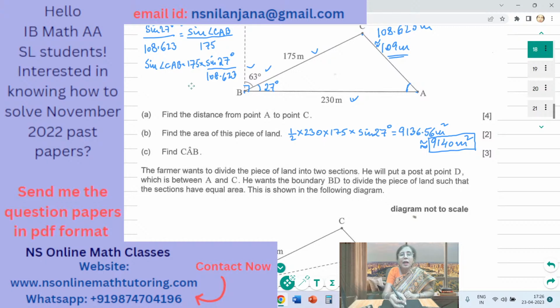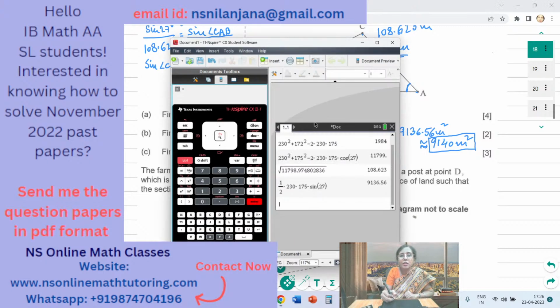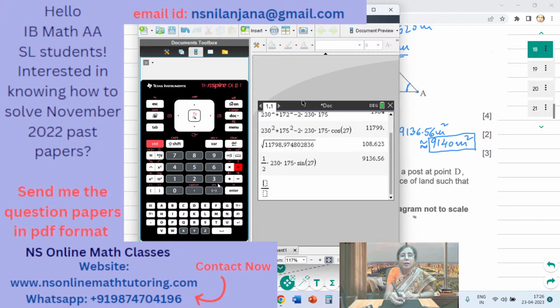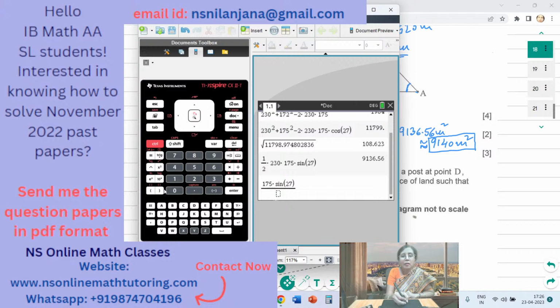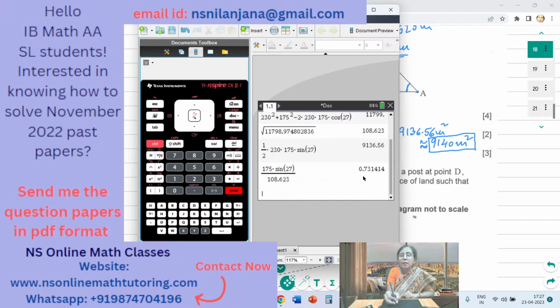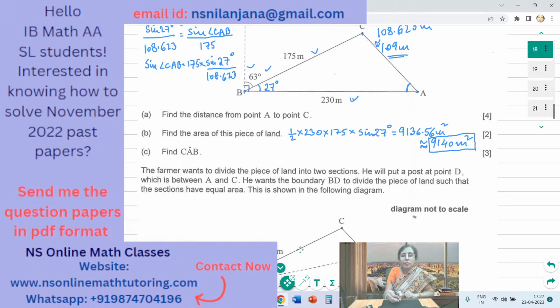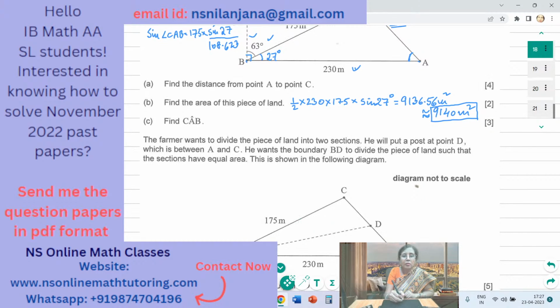Let us first do the numerator, 175 times sine 27, and the denominator is 108.623. Enter. 0.71414.